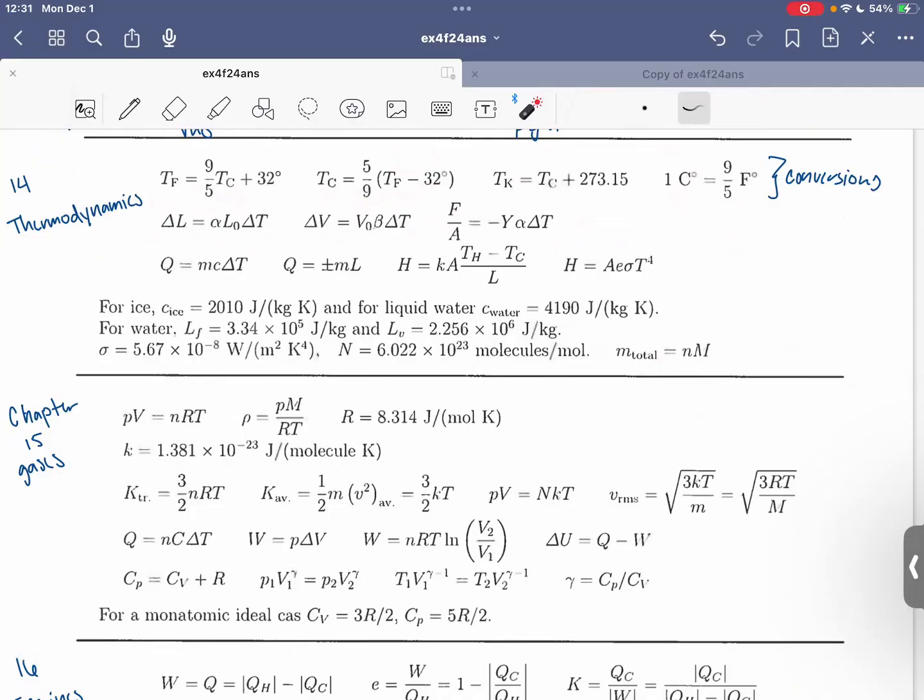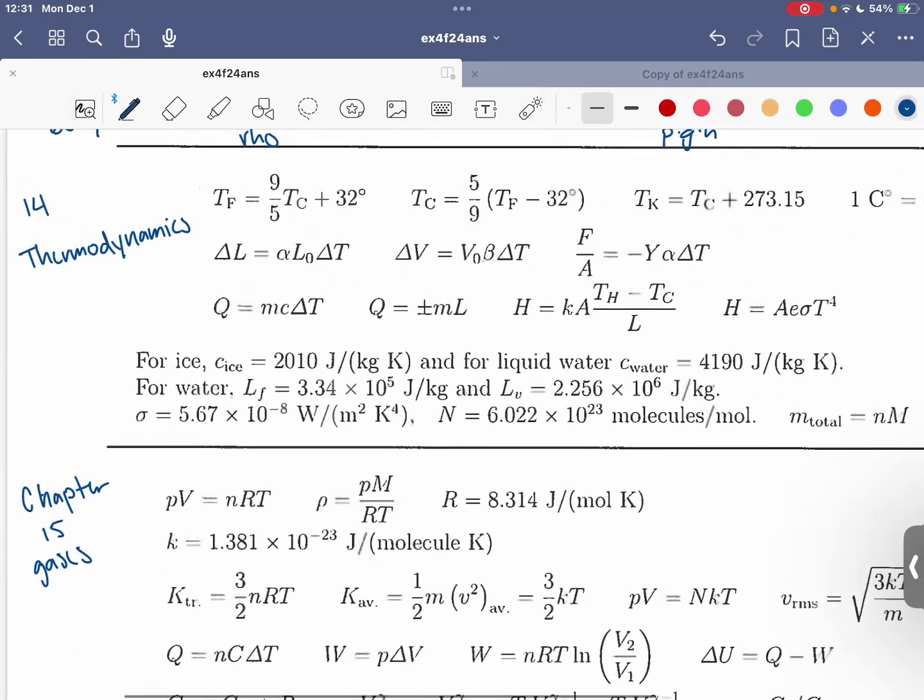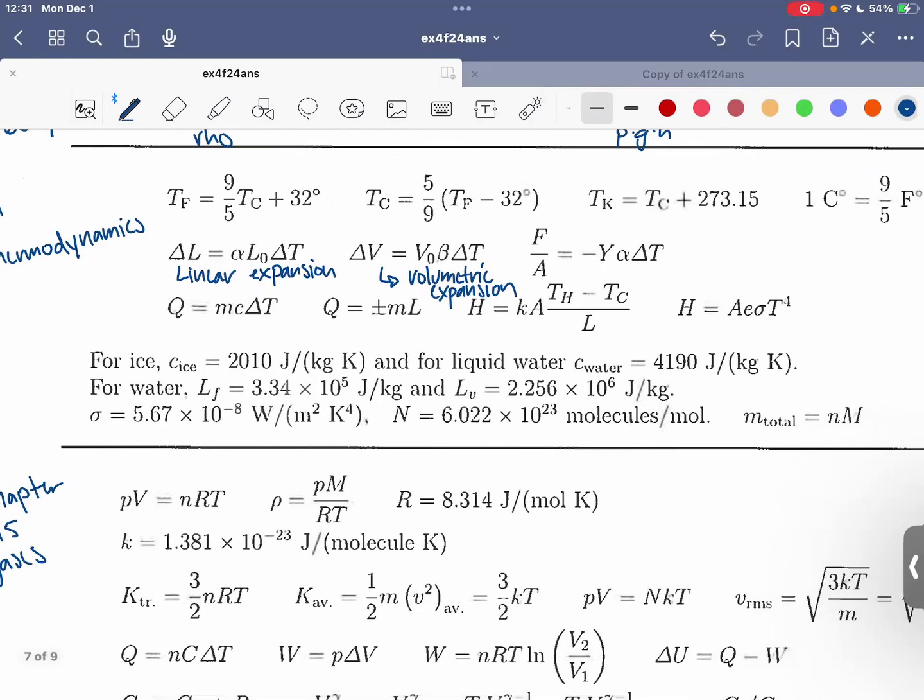So then in this second, these two equations right here, this is your linear expansion equation. And then this one is what's called volumetric expansion. Linear expansion and volumetric expansion tells you that when you heat or cool something a certain amount, delta T, that object is going to expand.